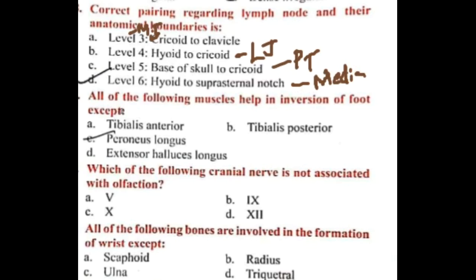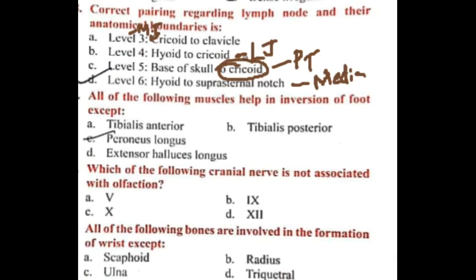This level 6 is from hyoid bone to the suprasternal notch, it is true. Whereas base of the skull to cricoid, no, this is not true. Cricoid will be anterior, and this is not true because it is in the posterior triangle, right? And hyoid bone to cricoid is lower jugular.